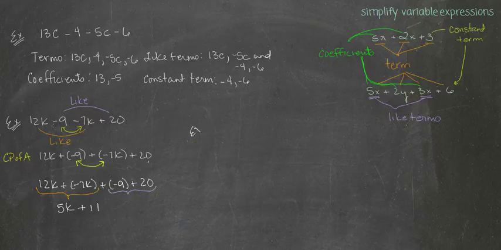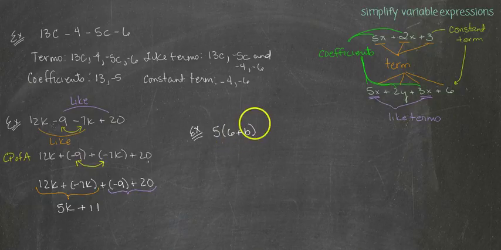Okay, so let's do another one. This time we want to simplify the expression 5 times, using parentheses for times, 6 plus b plus 4b minus 9. Okay, so sometimes it's hard to know where to go from here because you have a lot going on.